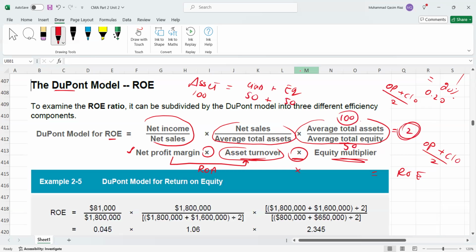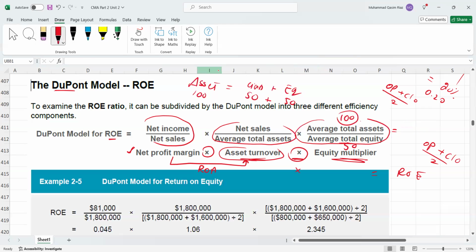Right or wrong? So whenever we calculate equity multiplier, it measures financial leverage. And financial leverage means how much portion of our assets is financed by debt financing. For example, if the answer is 2, it means our assets are 2 times higher than equity, right? So if the answer is 5 here, let's assume this answer is 5.